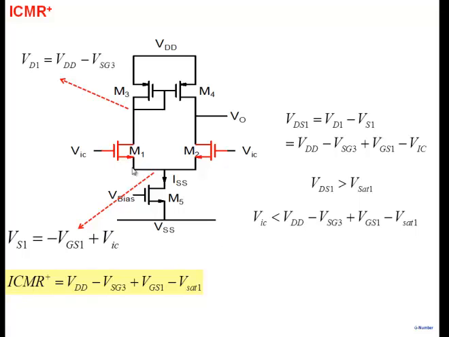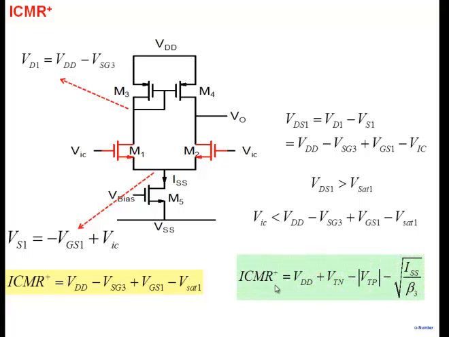That's the highest common mode voltage that you can apply and still ensure that all the transistors are in saturation region, which means the differential pair works properly. Okay. Next thing is we can plug in the expression for VSG3 and VGS1. So VDD is here, VSG3 is VTP plus, normally you would write, square root of 2 IDS by beta. 2 IDS of this is nothing but ISS.